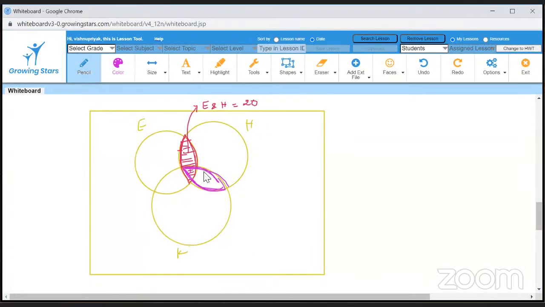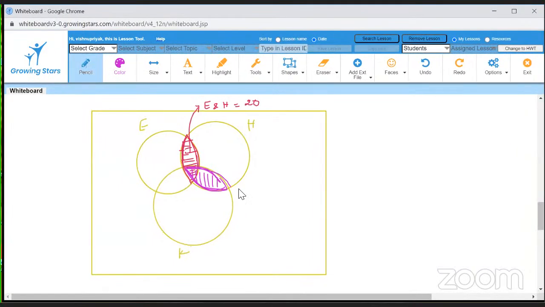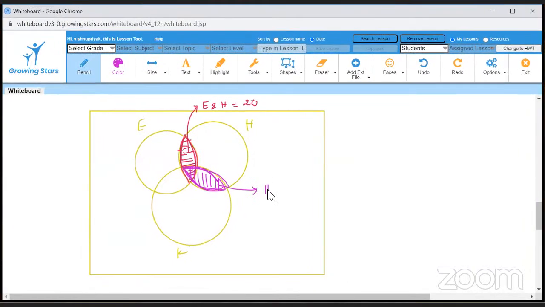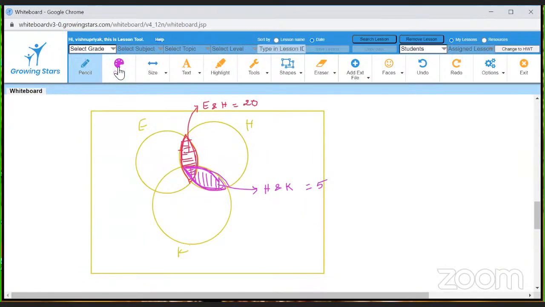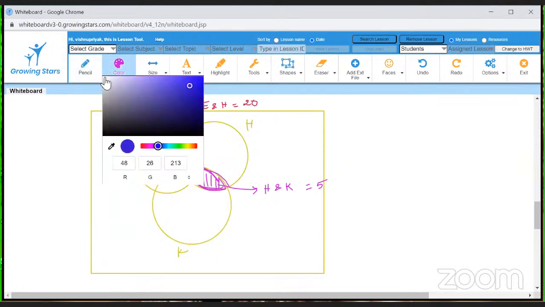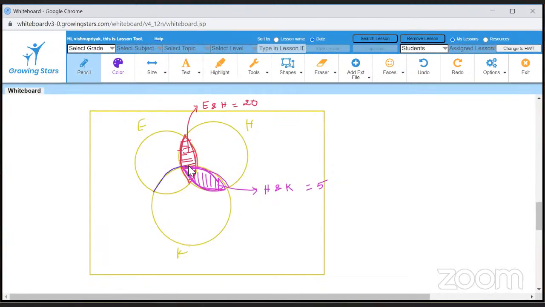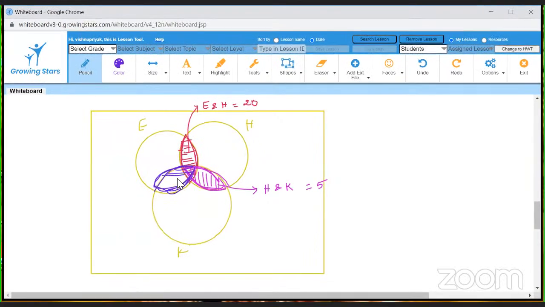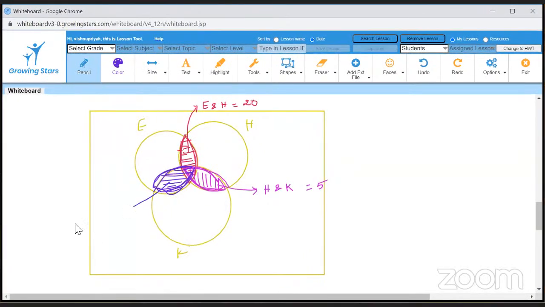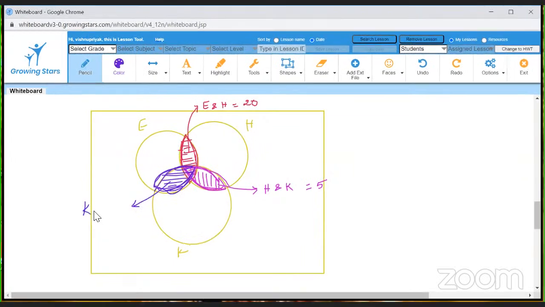If you see this region, it is Hindi and Kannada. How many? 5. Next. If you take this region, Kannada and English, total 10.